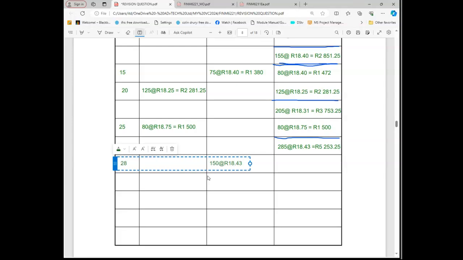And you got 2,764.50. Then you take that balance and we put it on the balance column.